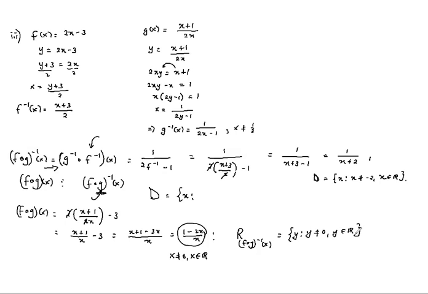This is the range of the F of G inverse. The domain of the original F of G is what gives you the range of the inverse. So when finding the range, it's better to use this one here. Rearranging the F of G, then finding the domain, you just solve it direct.